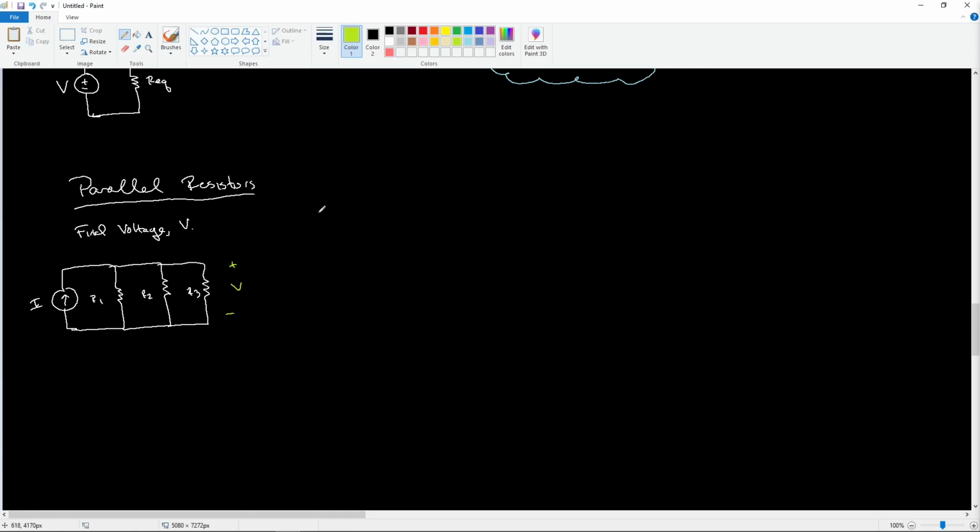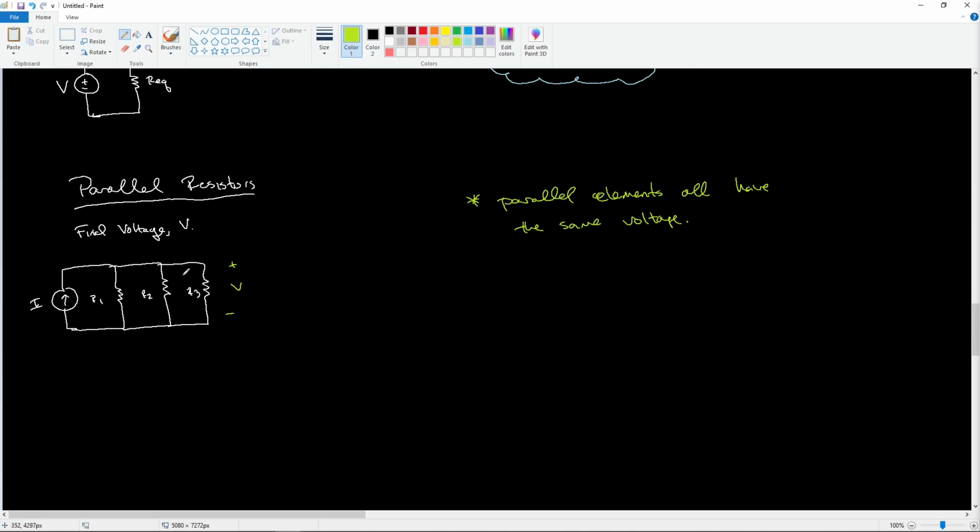Before, I made the connection that in series, everything has the same current. Here, what's nice is that parallel elements all have the same voltage across them.